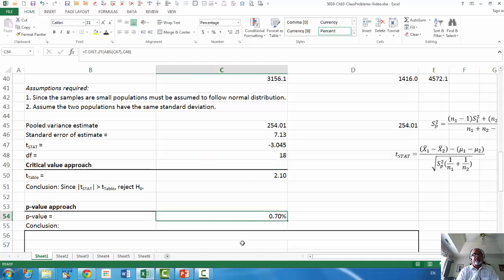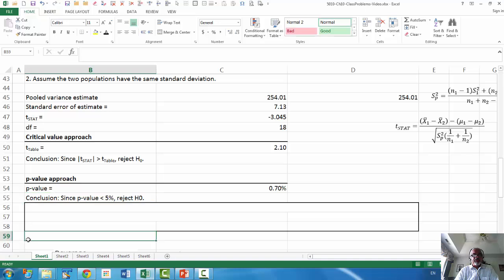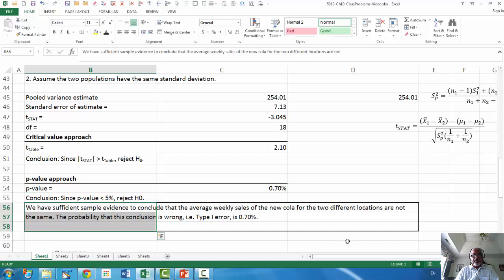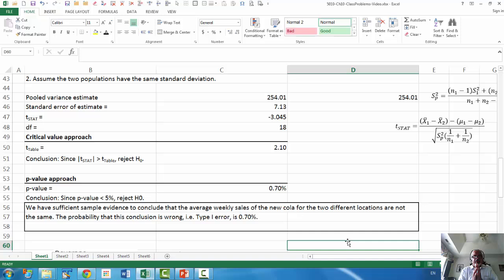So that gives us 0.7%, which is less than 5%, so we will reject. Okay, so our conclusion is, we have sufficient sample evidence to conclude that the average weekly sales for the new cola for the two different locations are not the same. The probability that this conclusion is wrong is very small, 0.7%.